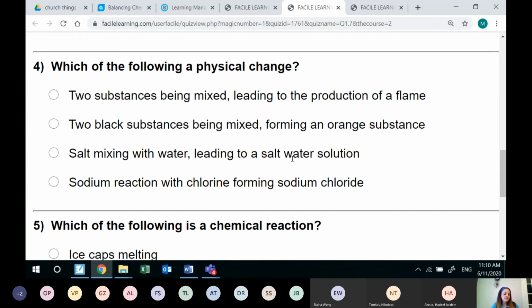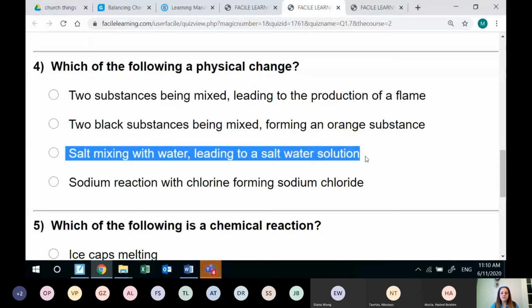Let's see those answers. Well, no answers yet. Oh, there we are. Tyler says the third one. Yes, salt mixing with water is just a solution, a dissolution.